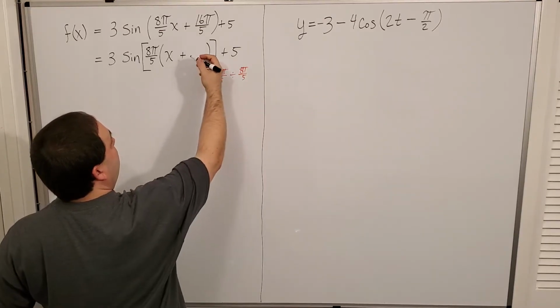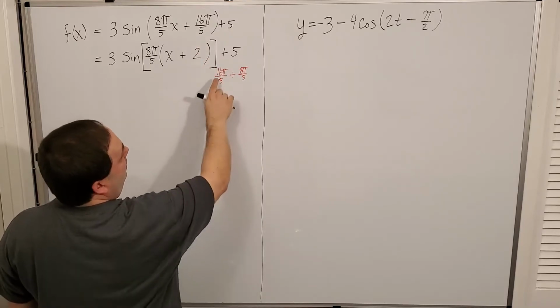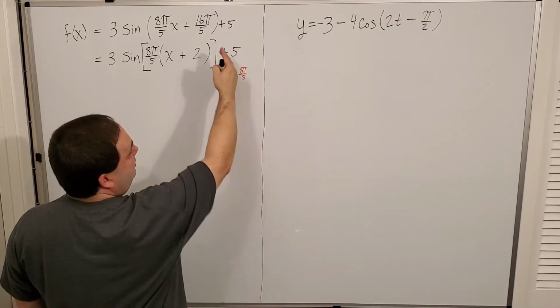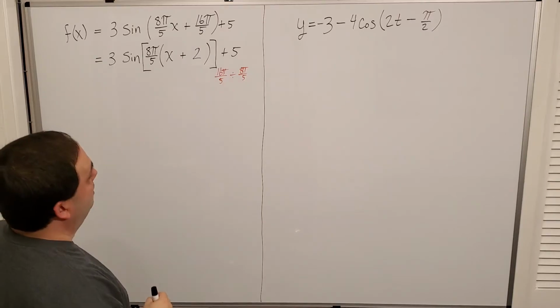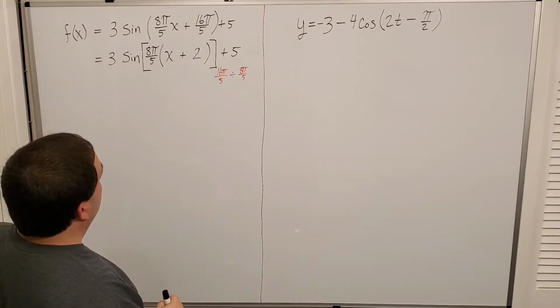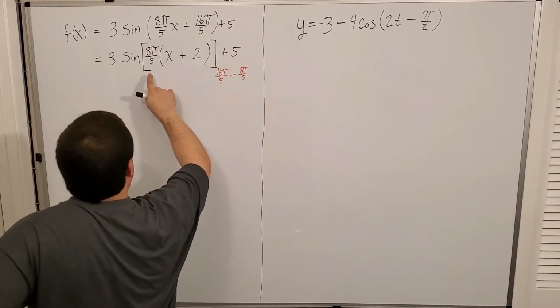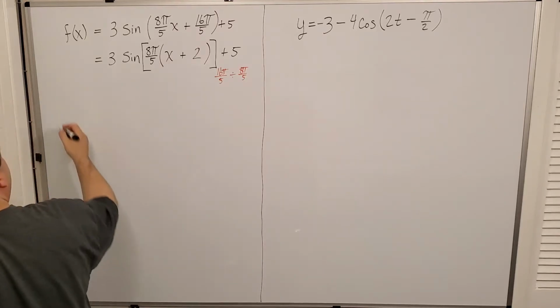You can see quickly this one resolves easily. It's just going to be 2 because it's just 16 divided by 8 basically. The pi's and the 5's eliminate. Okay, so now I'm going to do the period for my function.